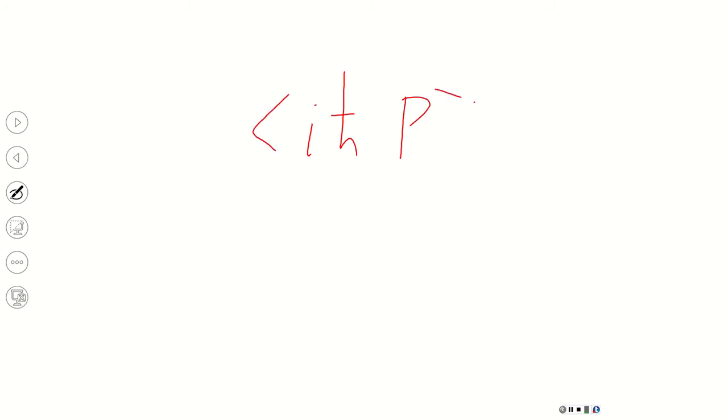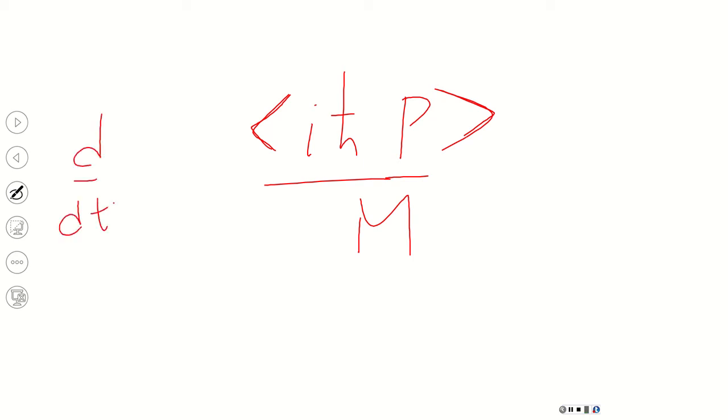P, and there is an expectation value, so what do these angular brackets mean? Expectation value, yeah. And then it was d/dt of r.